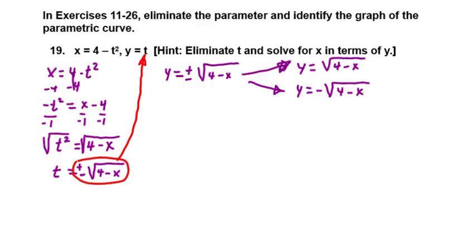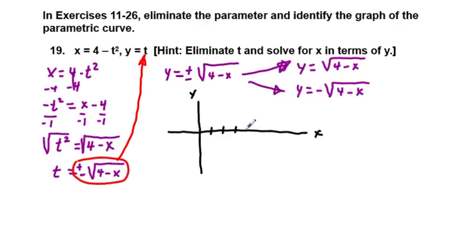And now we can graph these two functions to see what our parametric equation looks like. And if I just draw an xy coordinate plane here, x, y, well, we really have a square root function that, because it's negative, is going to open to the left. It'll be 4 units to the right.